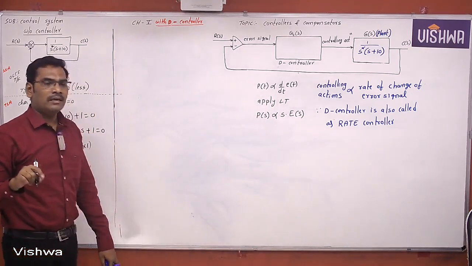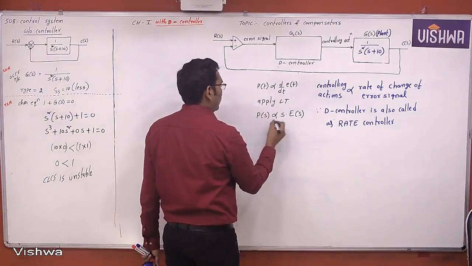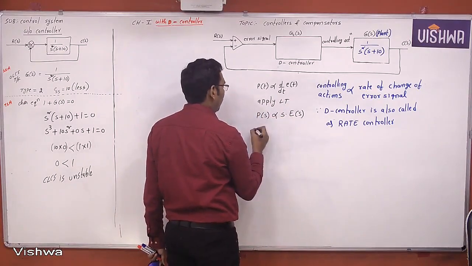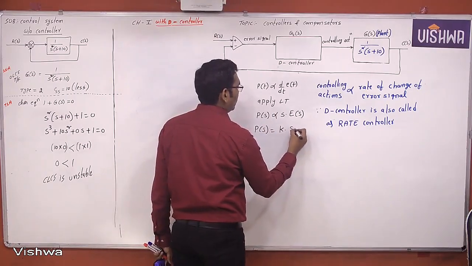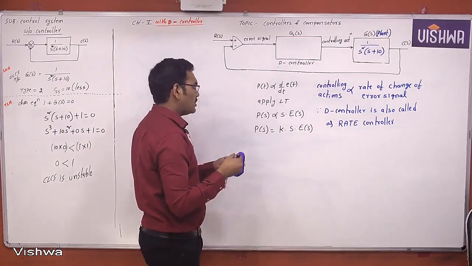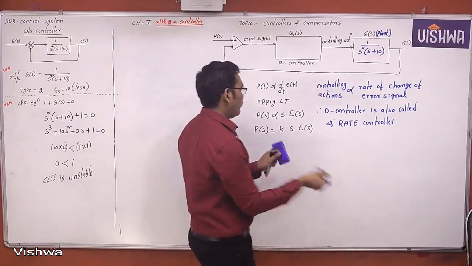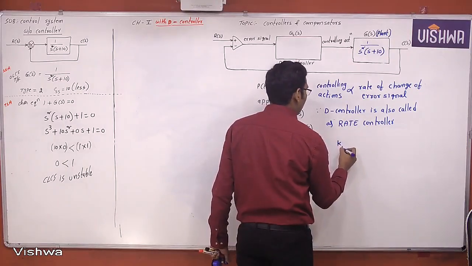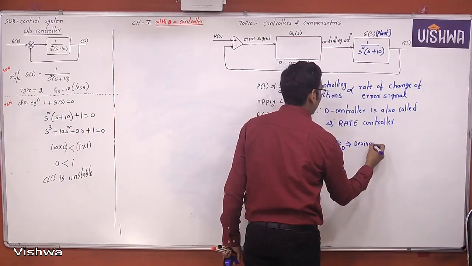P of t is proportional to d by dt of E of t. If I remove this proportionality, we put a constant: P of s equals constant into s into E of s. Now this is the constant in the rate controller, the derivative controller. Therefore this K is called Kd, which is nothing but the derivative controller constant.